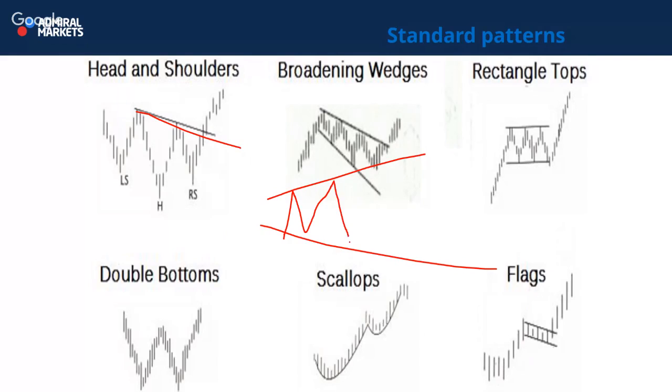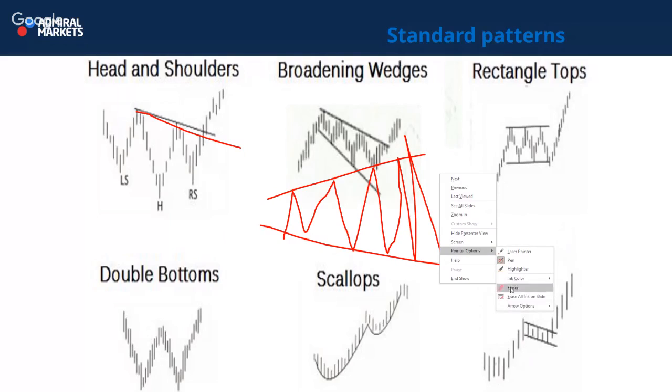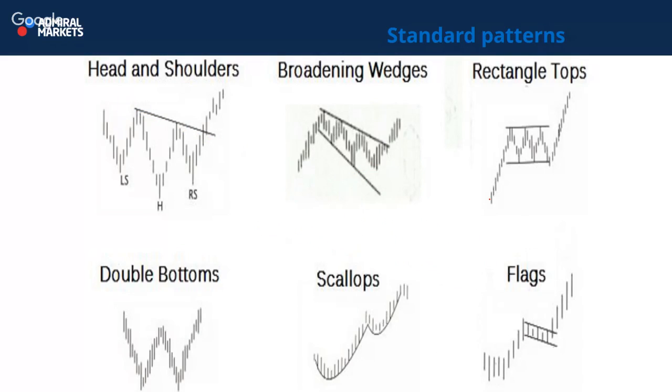It means that there is no clear direction, and the price action is going from a congestion phase into a higher congestion phase. That is a broadening top, and I never take any trades or do any analysis with a broadening top on the chart. I don't like it. These patterns are also within the domain of standard patterns, such as scallops, flags, double bottoms, double tops.